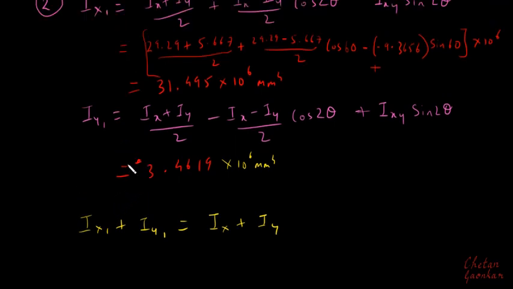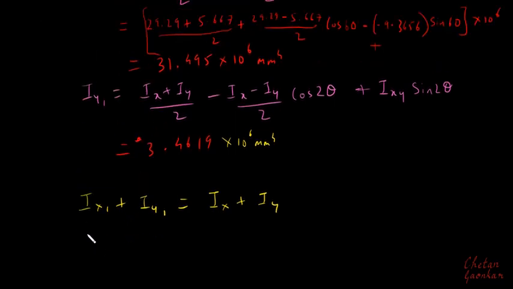So Ix1 is 31.495 plus Iy1 is 3.4619, multiplied by 10 to the power 6.